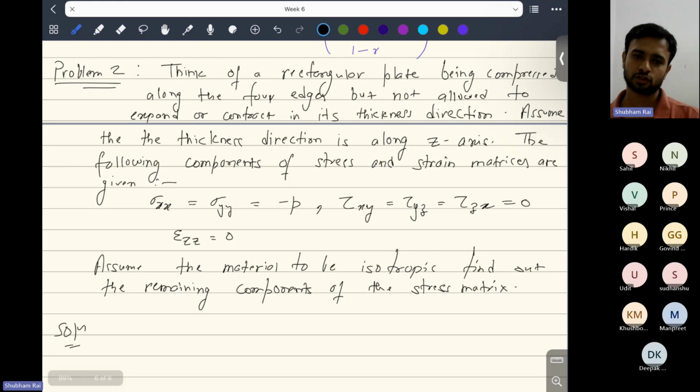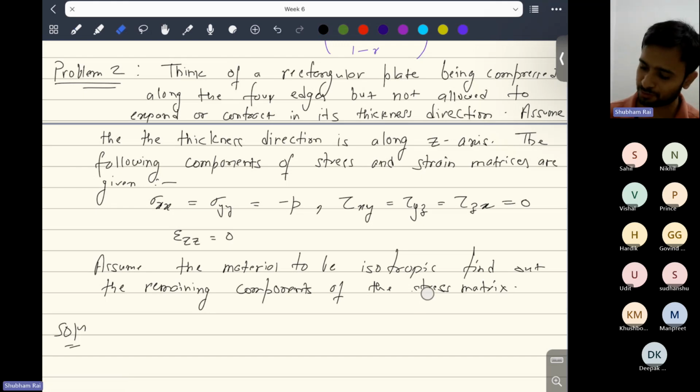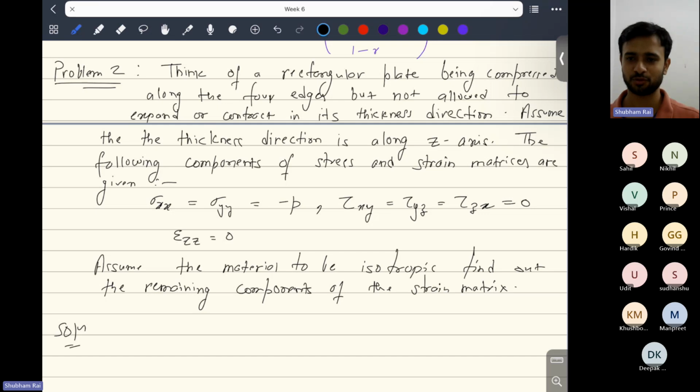If you assume the material to be isotropic, you have to find the remaining components of the strain matrix, because almost all the components of the stress matrix have been given.